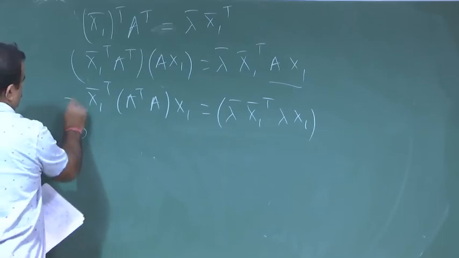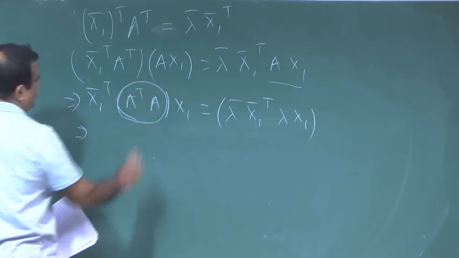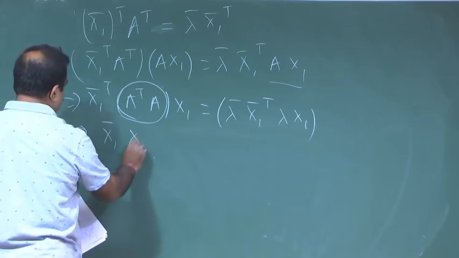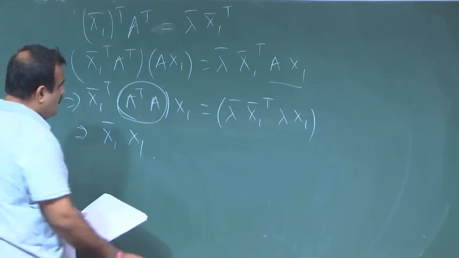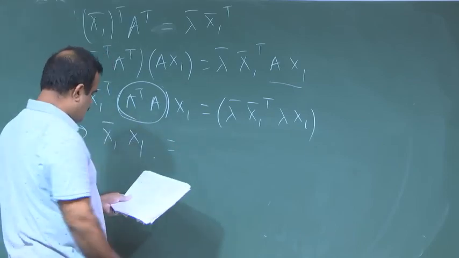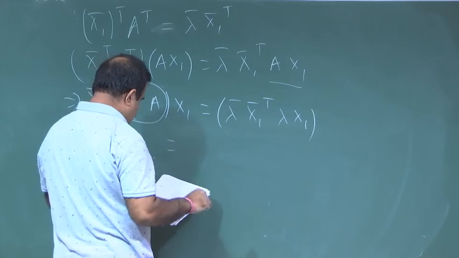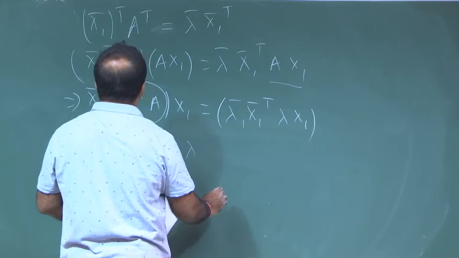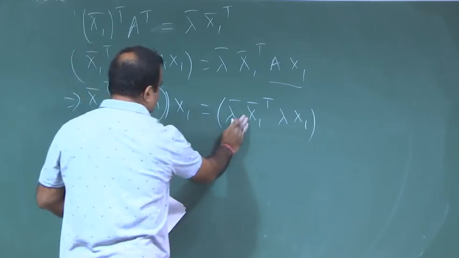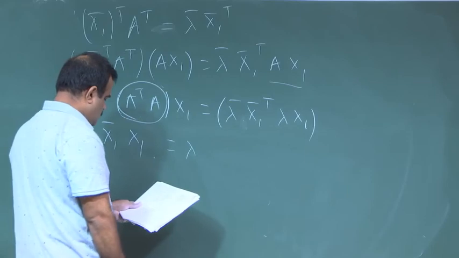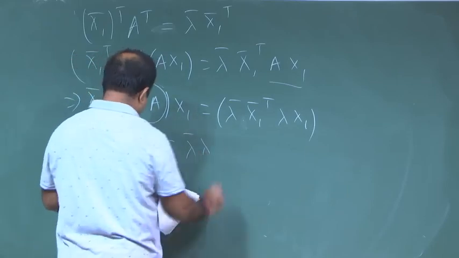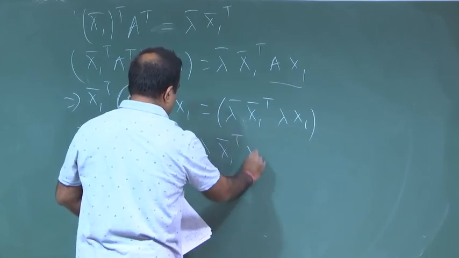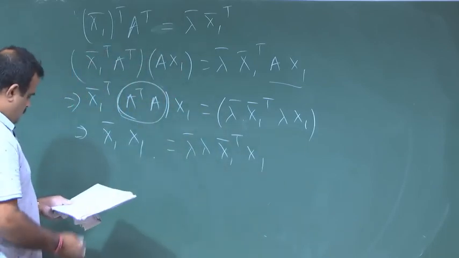On the left side, A transpose A is the identity matrix because this is the property of an orthogonal matrix. So, this will give us x 1 bar transpose x 1 equal to lambda bar lambda x 1 bar transpose x 1.